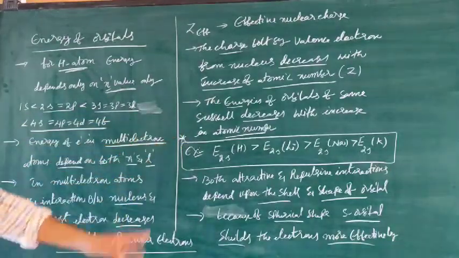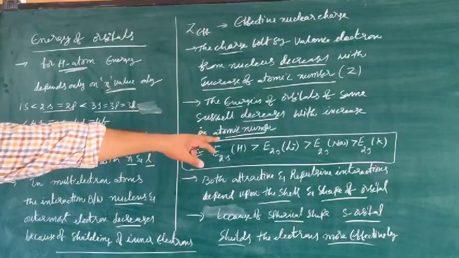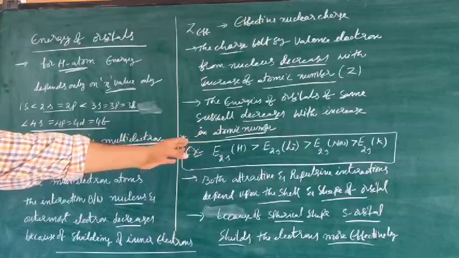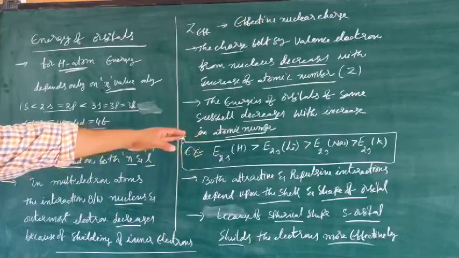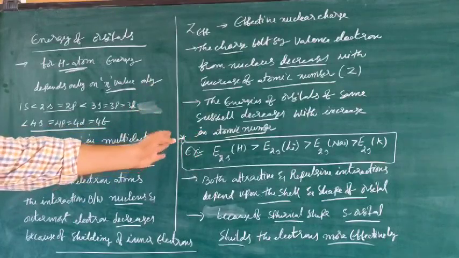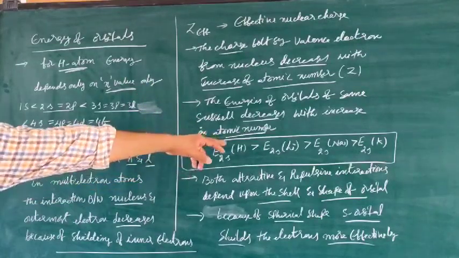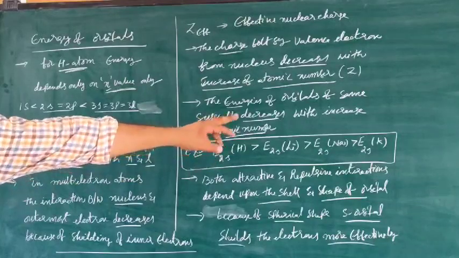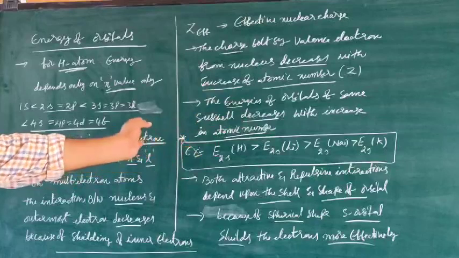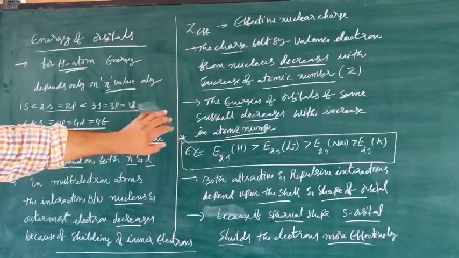Please observe, all these are 2s orbitals, but this is a hydrogen atom, that is a lithium atom, that is sodium and potassium. As the Z value increases, automatically the energy of the orbital decreases. All are 2s orbitals, but this 2s orbital belongs to hydrogen, the next belongs to lithium, next to sodium, and the next 2s orbital belongs to potassium. So as the Z value increases, the energy of the particular orbital subshell will decrease like this.